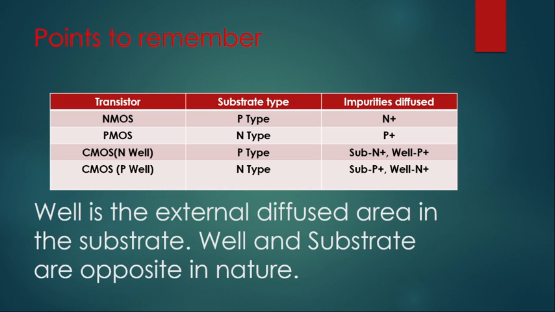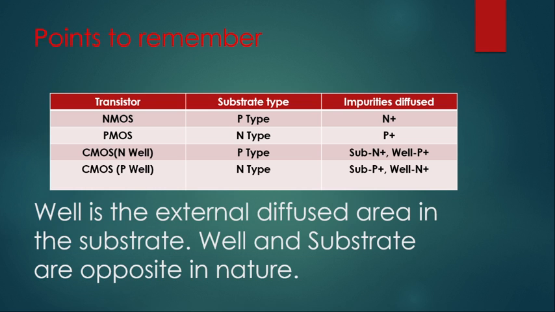For CMOS fabrication, the two most general processes are N-well and P-well. An N-well is an externally diffused area in the substrate, and the nature of the well and the substrate are opposite.